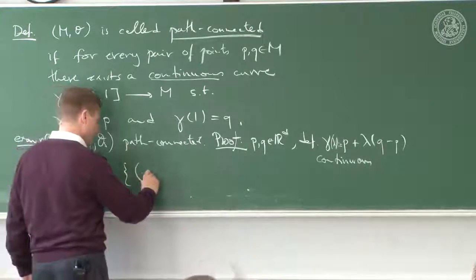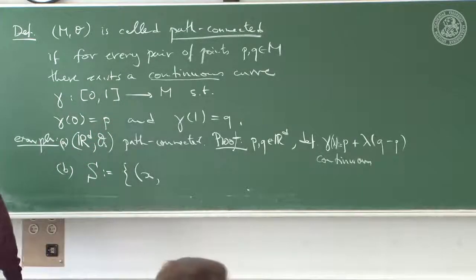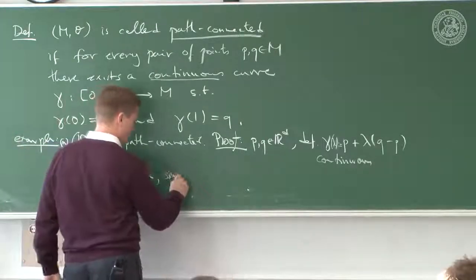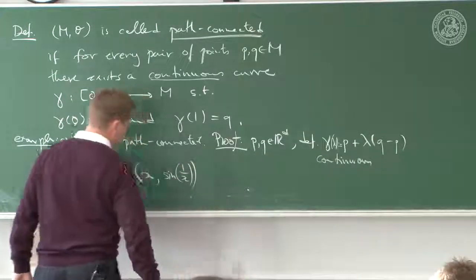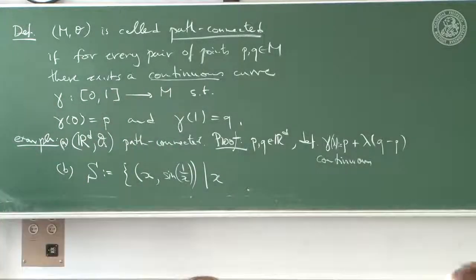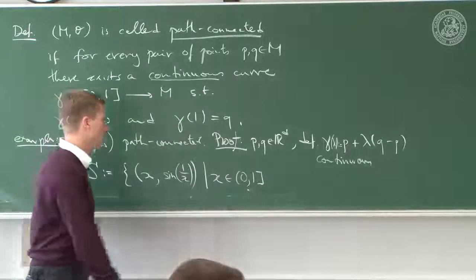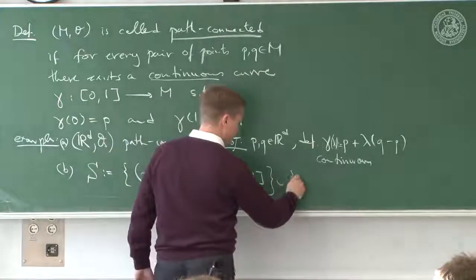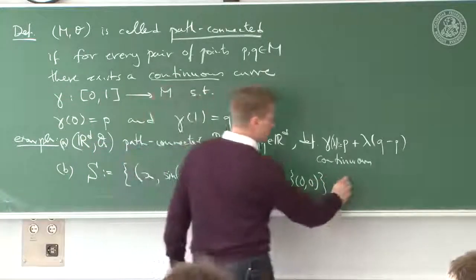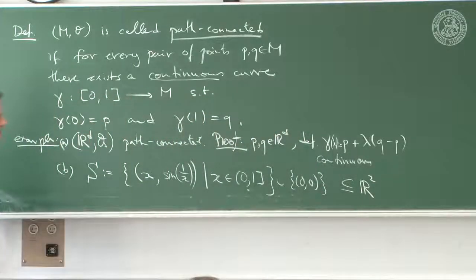That's a graph of sine 1 over x, and the x comes from the interval 0, 1, but the 0 is excluded. And you also have to take the point 0, 0 into it. And all of this is supposed to be considered as a subset of the plane equipped with the standard topology.